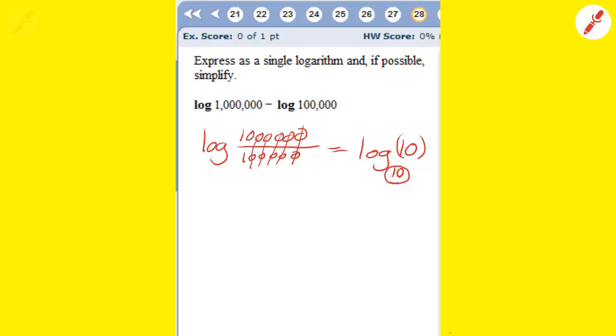And the answer, of course, would be 1. 1 is the exponent that the base is raised to get what's called the argument of the function, because 10 to the 1 equals 10. Do you see how a logarithm is really an exponent? It's the exponent that the base is raised to so that you can get the argument of the logarithm function.